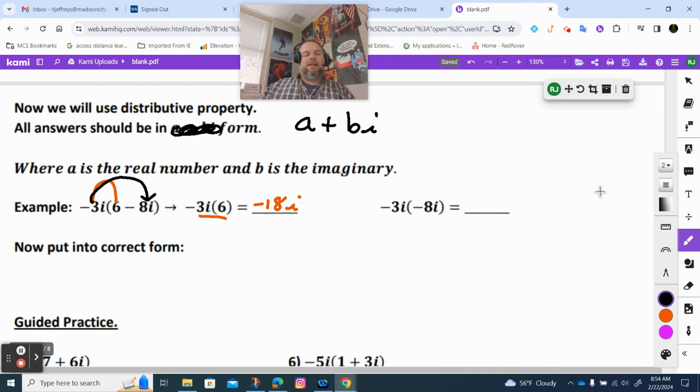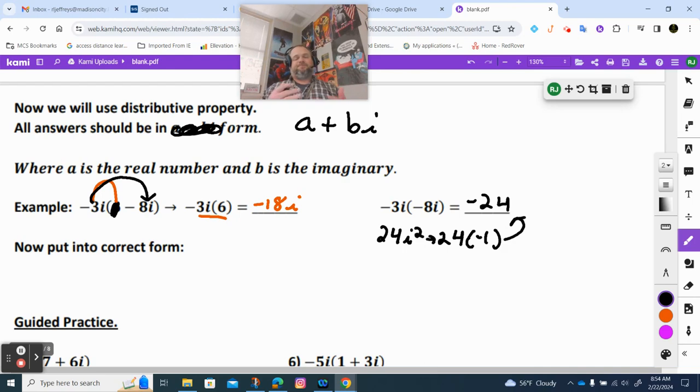Now, what I like to do is mark this term out after I've multiplied it. That way I get my signs right because I treat this as a negative. So a negative times a negative. I'm going to have a positive 24 and an i squared. Well, that's 24 times negative 1, which is negative 24.